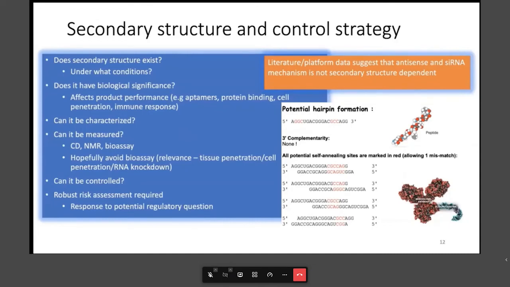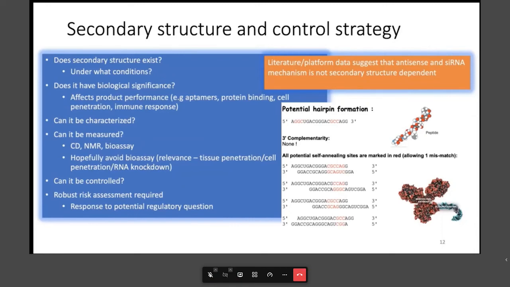I'll move very quickly, in the time I've got, to talk about secondary structure. We know that although you may have a series of oligonucleotides with the same chemistry but different sequences, different sequences can of course anneal and form hairpins, and therefore potentially different structures. Our peptide conjugates or our antibody conjugates in particular will have secondary structure constraints.